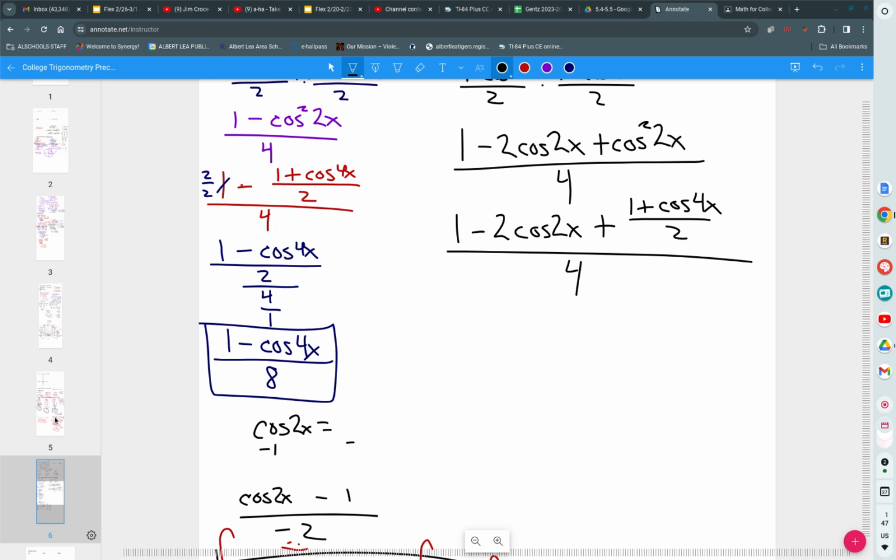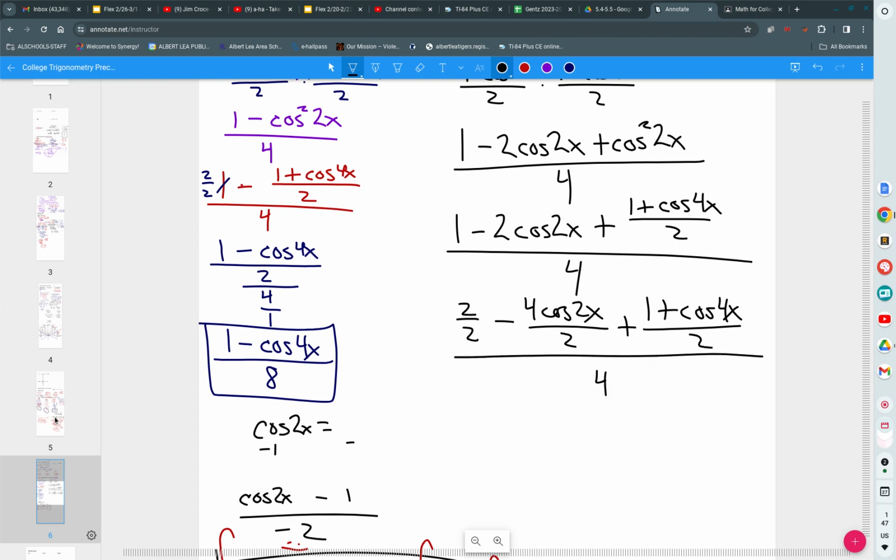And to get the 4th point, I must simplify my complex fraction, meaning I need to have common denominators. So 1 I'll rewrite as 2 over 2. The 2 cosine of 2x I'll rewrite as 4 cosine of 2x over 2. And then 1 plus cosine of 4x over 2. All over 4.